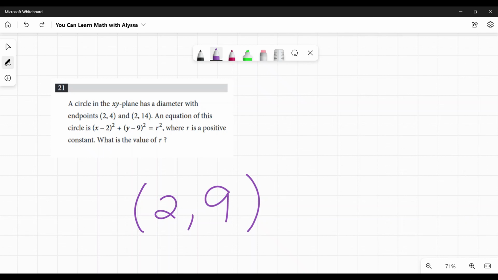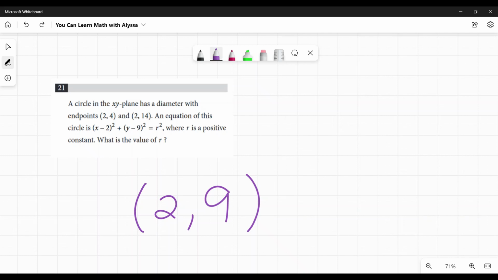It's making it look more complicated than it is, like, oh my God, I have to figure this out and solve and do all this math. And nope. They're really just testing you to know that that means the radius. So they're asking you, what's the radius of this circle?